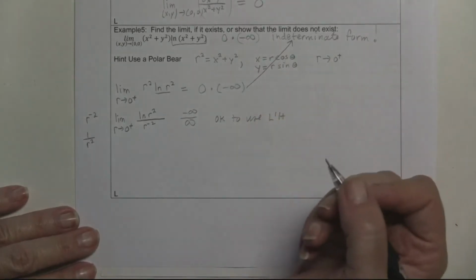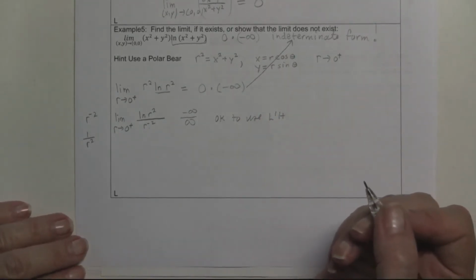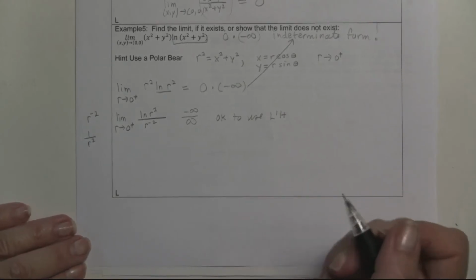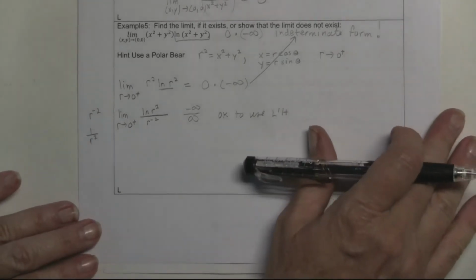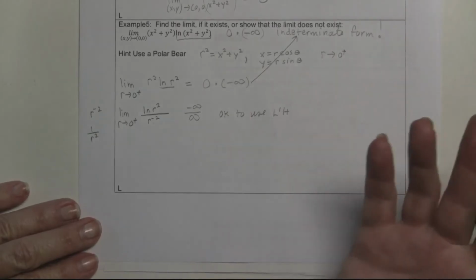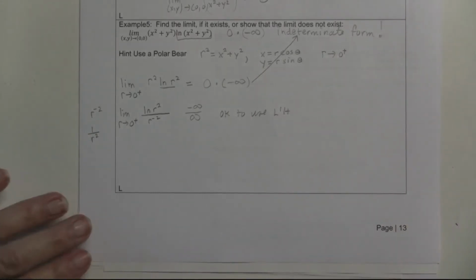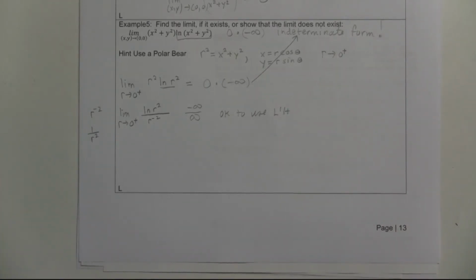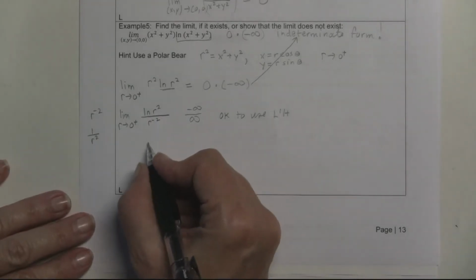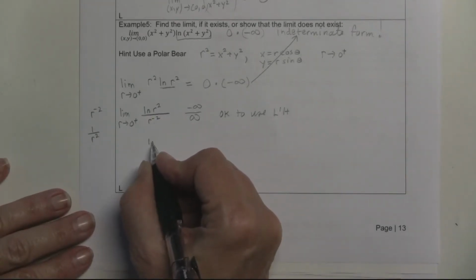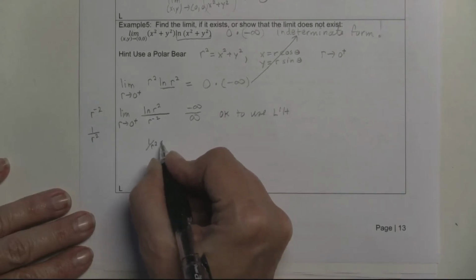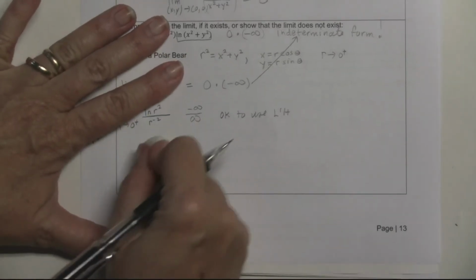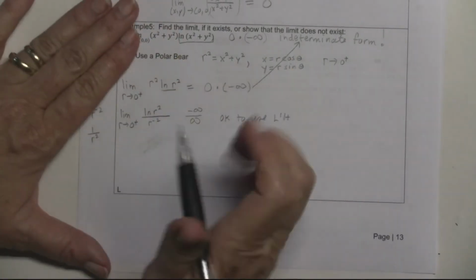And I abbreviate L'Hopital's as LH so that people know what I'm trying to do. So that when someone's grading my stuff, they know what I was trying to apply. If I don't know what you're trying to apply, I can't give you partial credit on it. And if all of a sudden you're just writing from here to here, that now I have 1 over r squared times, I shouldn't write it like that. I should write it up and down.